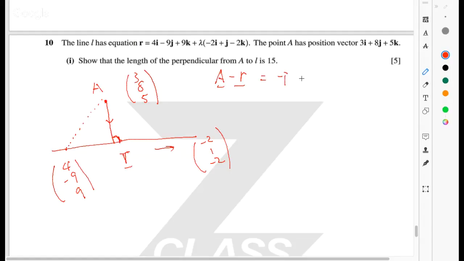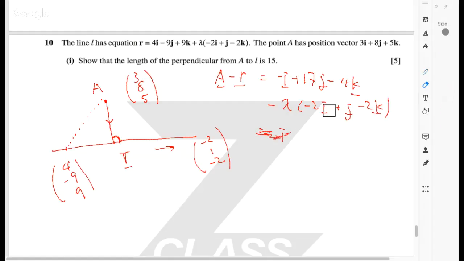minus i plus 17j, and let's do 5 minus 9 is equal to minus 4k, and then minus lambda times (minus 2i plus j minus 2k), and rearrange that to be minus i.